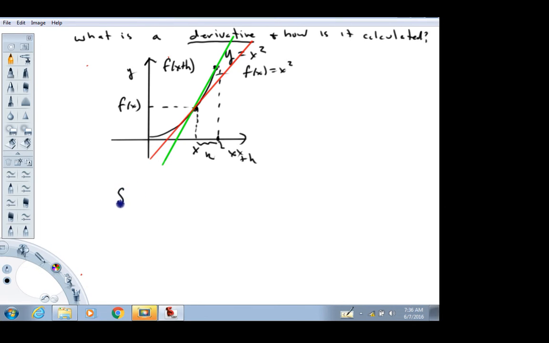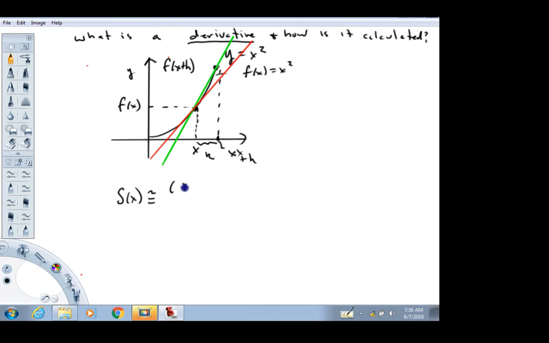Now, I'm going to write out an expression for the slope of the tangent line. That slope, as a function of x, is approximately equal to the slope of the green line, which is equal to f of x plus h minus f of x over x plus h minus x. I'm getting that from y2 minus y1 over x2 minus x1. But I'm going to use this function here for my example.